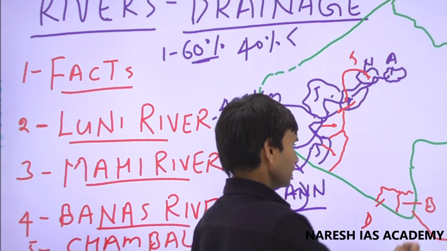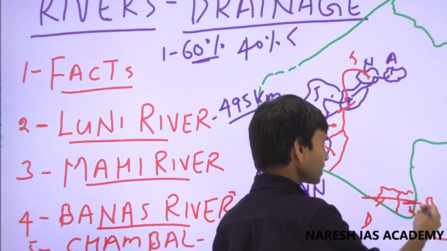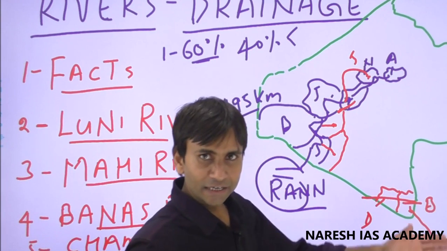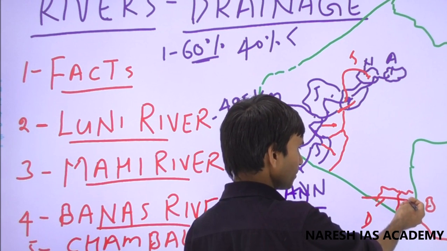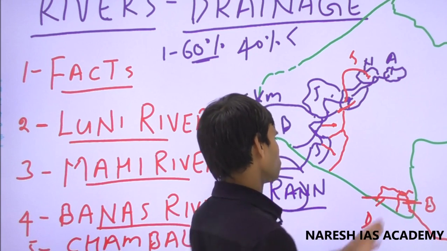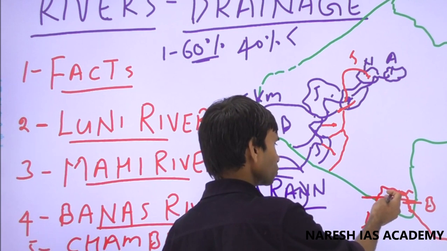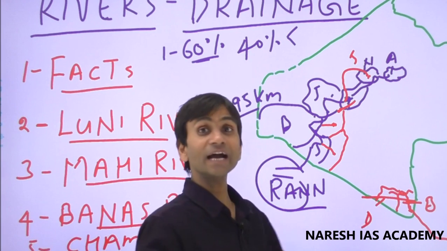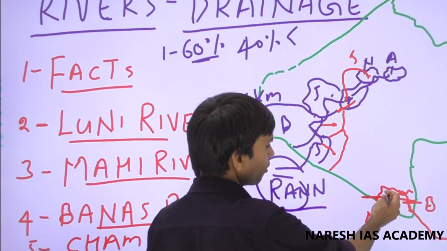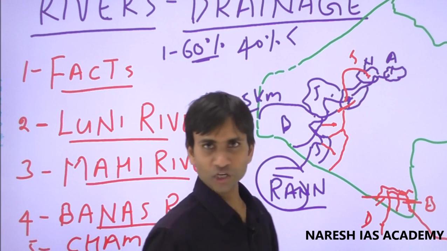The Mahi river cuts the Tropic of Cancer and enters Rajasthan from the south side, then flows through the northwest or western side into the Dungarpur district, and in Dungarpur it again cuts the Tropic of Cancer, comes out of the Dungarpur district and enters Gujarat.